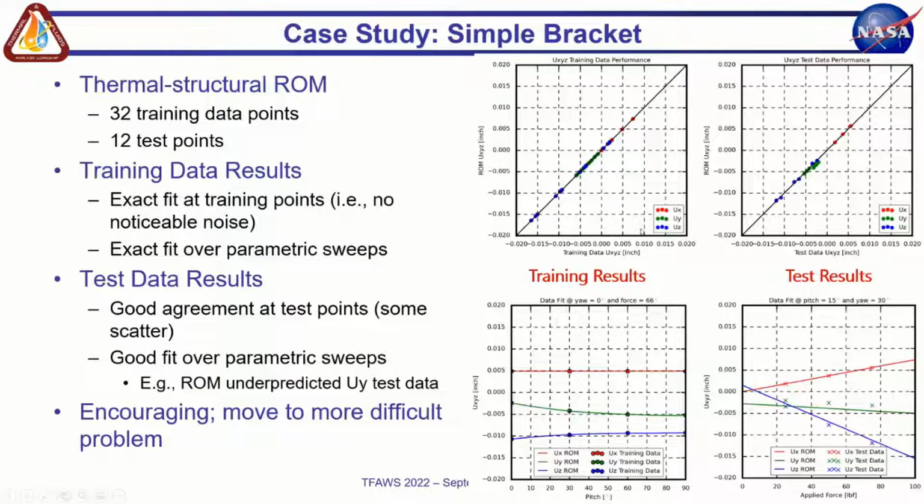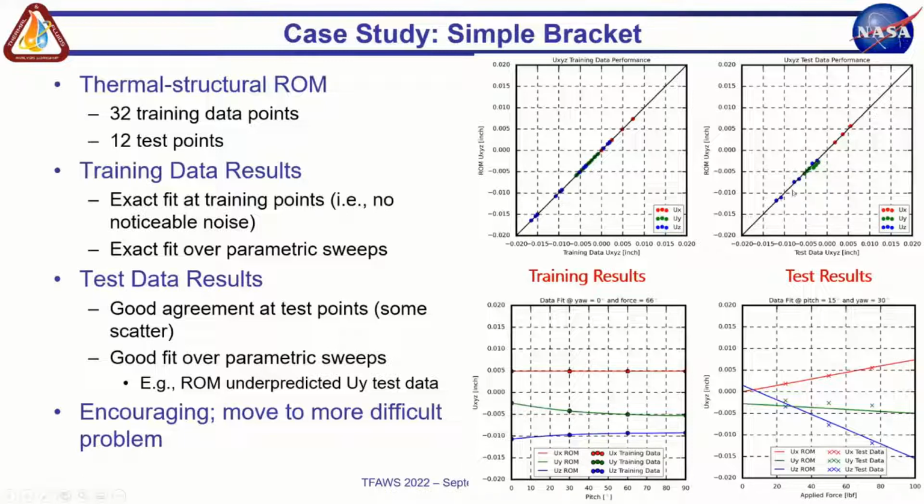Then we took that reduced order model and we compared it to test results. So these test points weren't used in generating the reduced order model, but they're merely there to see how good that reduced order model does. And we're going to start to see a little bit of noise. So here on the upper right, we see the reduced order model compared to the test data across all 12 test points. We see a little bit of noise there.